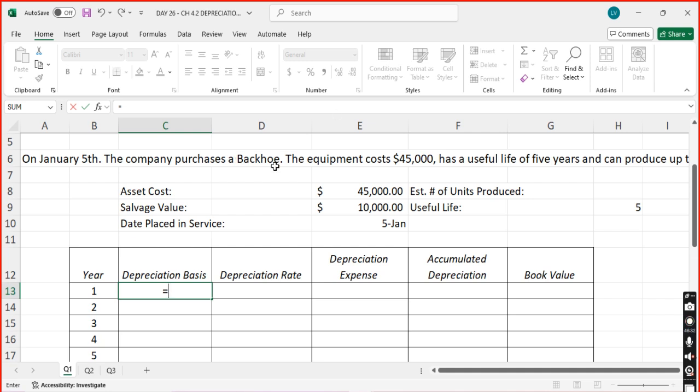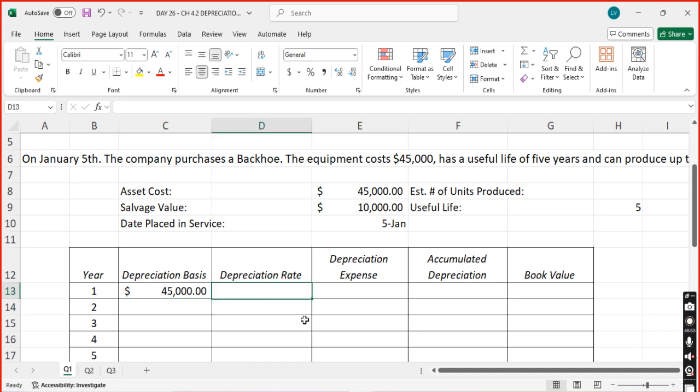It's going to be $45,000. Why? Because the depreciation base is the beginning of the year's book value. Since we've never depreciated before and this is the first year, your book value is the same as your asset cost. Good, $45,000. What is my rate going to be?